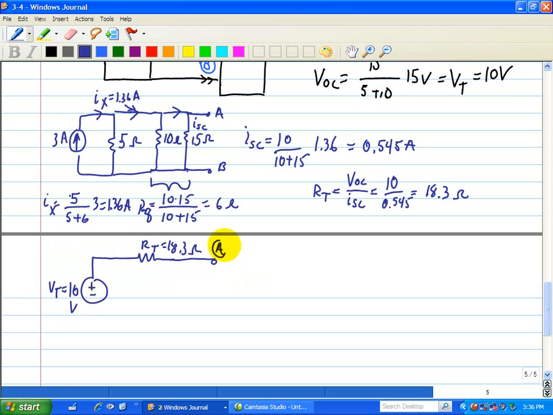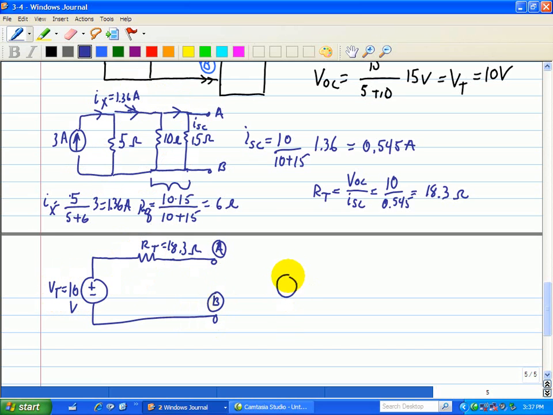This is at point A, and this is at point B. So see how, with the Thevenin equivalent, we simplified this circuit into one single resistor and one single voltage source.